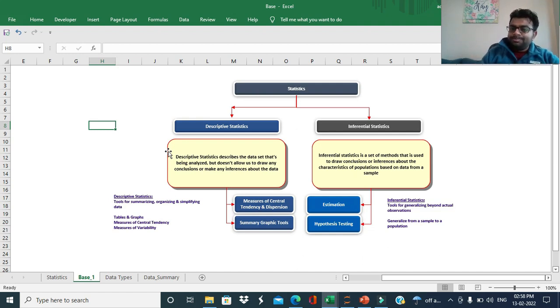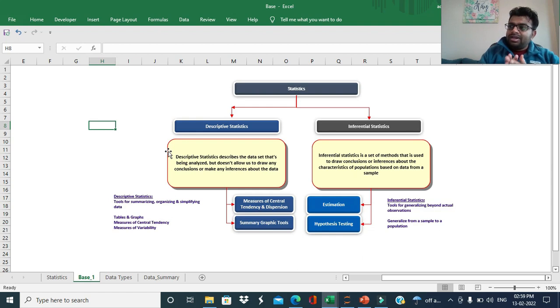One is descriptive statistics and the second one is inferential statistics. Descriptive statistics is very simple, where we analyze whatever data points are given to us. There is nothing as such any conclusion or inference that we can make. We just have to explain and analyze what is being given to us, right?